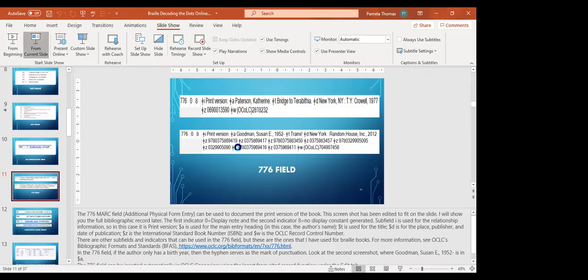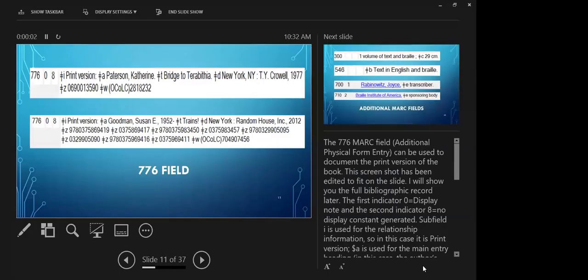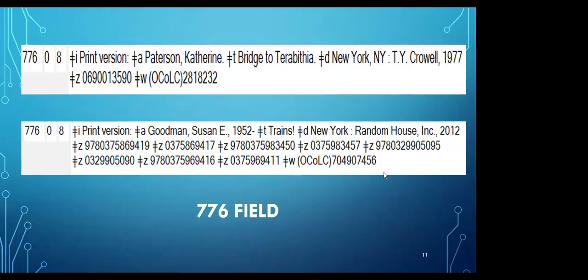Well, I would like to add that if you are putting in a 776 into your record, you can copy the OCLC number from the record that you're citing, right, and type in a new line 776, first indicator 0, second indicator 8, and then if you go up to the edit tab, the taskbar at the top, edit, and then in the second or third grouping it says cite from record.